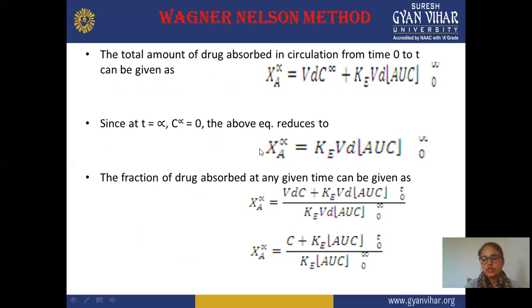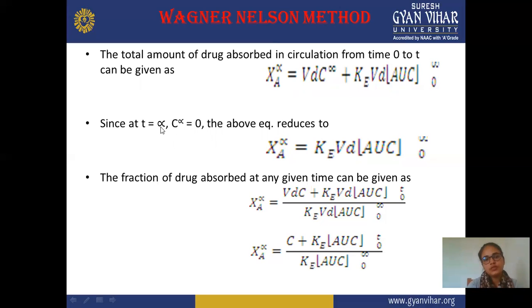Starting from initial time to a particular time t, the equation is XA infinity equals VD C infinity plus KE VD in bracket AUC 0 to infinity. This is the total amount of drug absorbed in the circulation from time 0. When t equals infinity, C infinity equals 0, and the equation reduces to a more simplified form, because we don't know how much time is required, so we consider time as infinity.